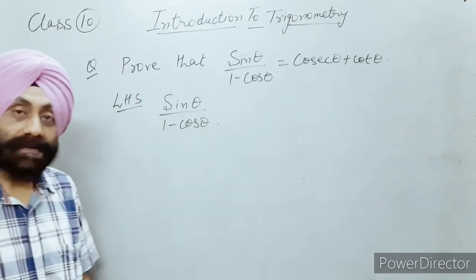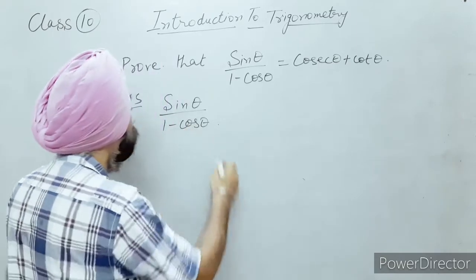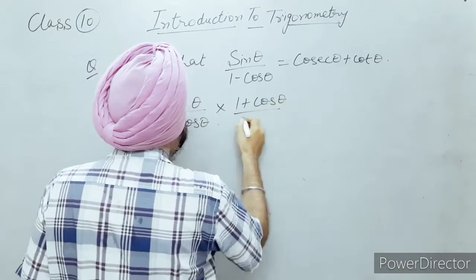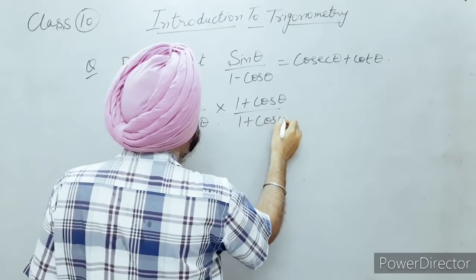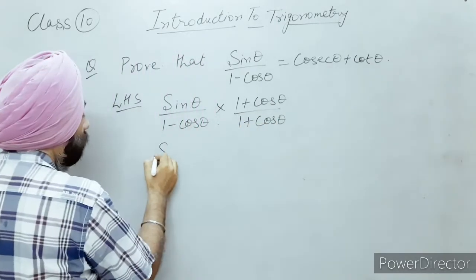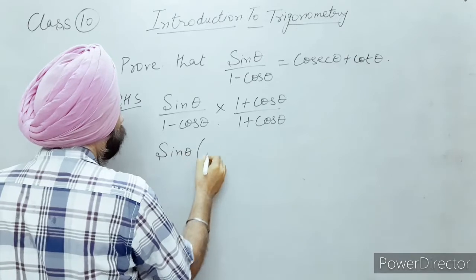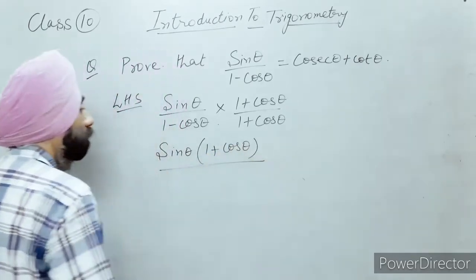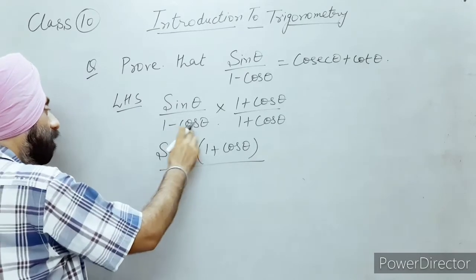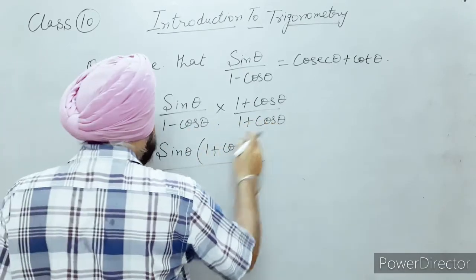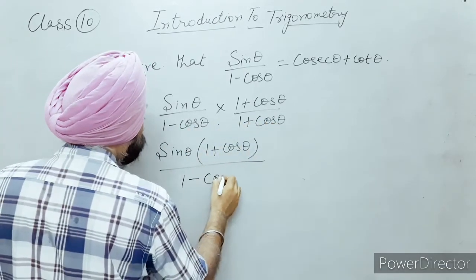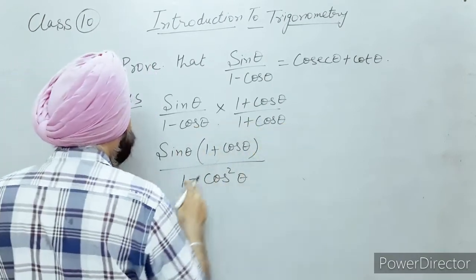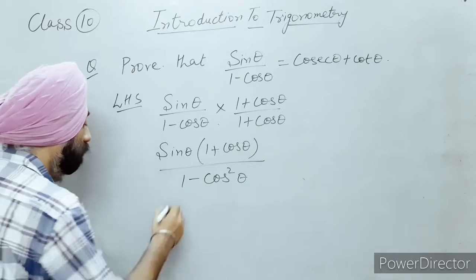What we can do is rationalize it. Multiply by 1 plus cos, sin theta, 1 plus cos theta. What is 1 minus cos theta into 1 plus cos theta? It's 1 minus cos square theta. A minus b into a plus b is a square minus b square.